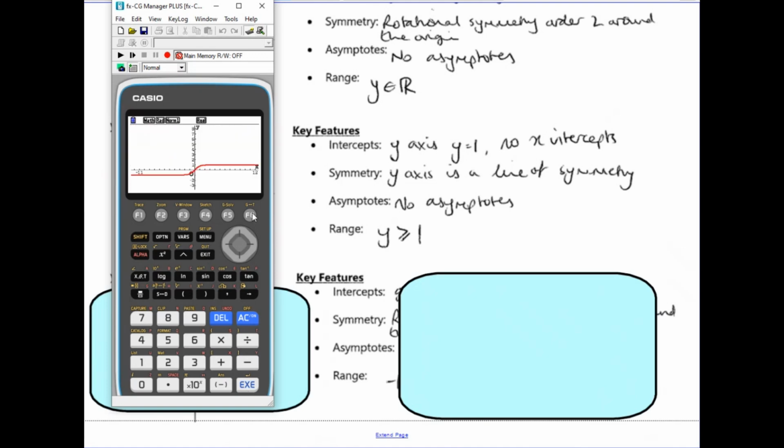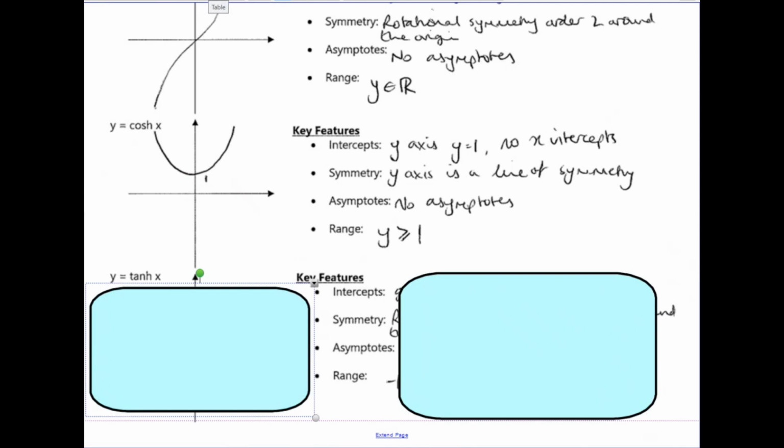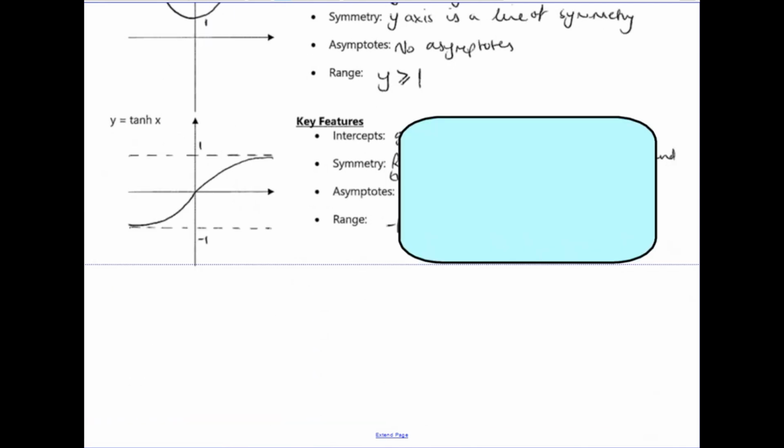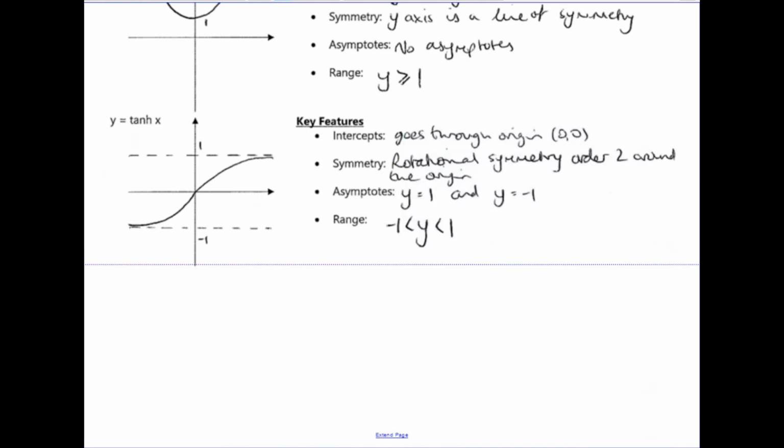So it looks like this. Looks like an inverse tan sort of graph. So this one does actually have asymptotes at 1 and minus 1. It does have rotational symmetry around the origin, goes through the origin. And so its range is in between 1 and minus 1.